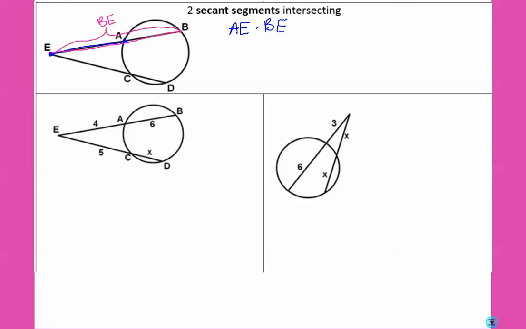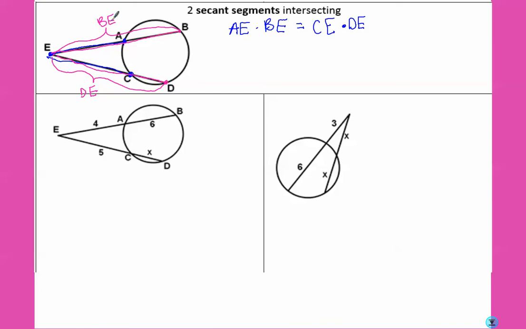It's the entire thing. Equals C to E times D to E. So again, it's this whole thing for D to E. So C to E times D to E.